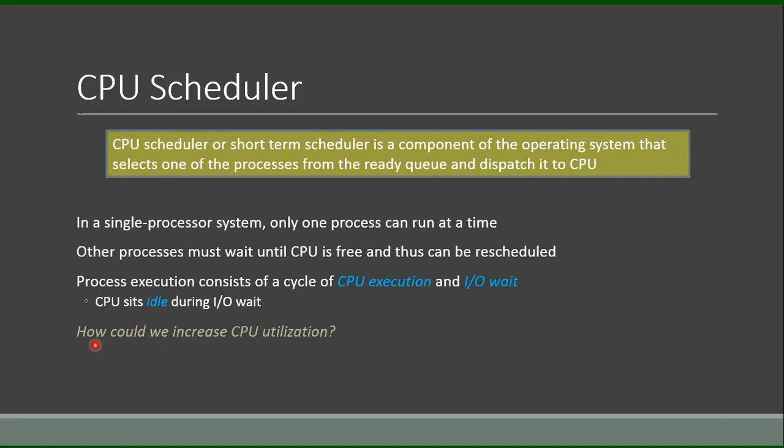So we have the issue here: how could we increase CPU utilization? The answer is multiprogramming. Multiprogramming is a technique by which we can increase CPU utilization by making use of this idle time productively.